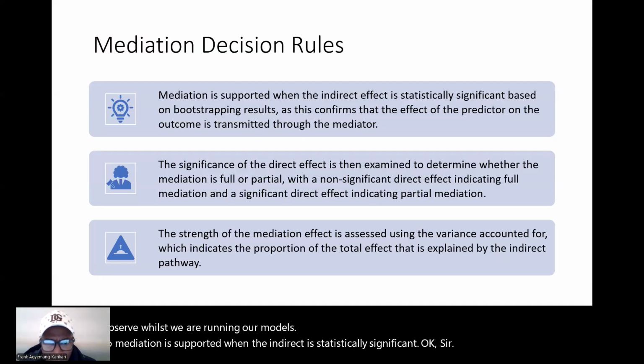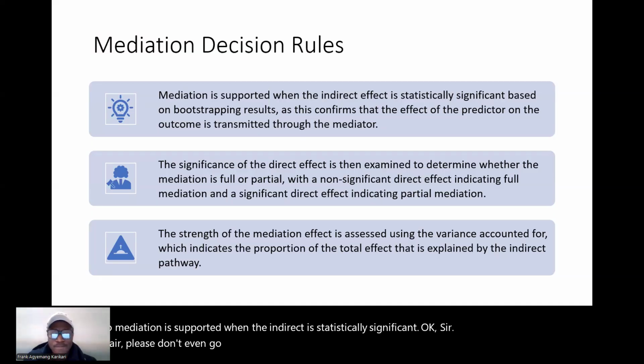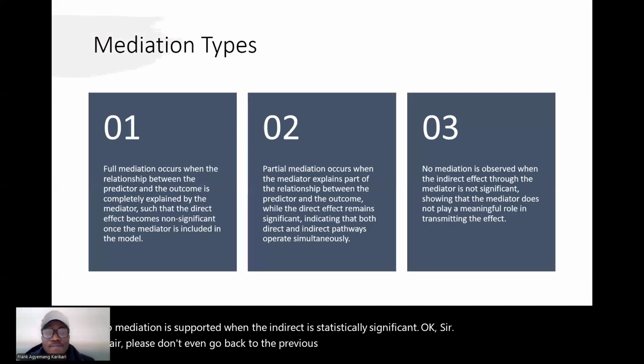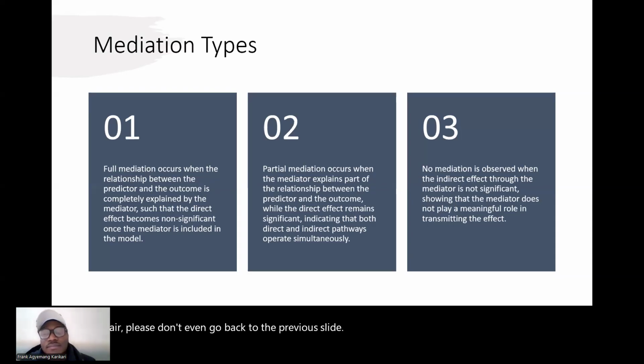Please, I want you to go back to the previous slide. For the full mediation, it's clear to me, but for the two and the three, the partial, still the C will be non-significant, then A may be significant and B may not. And what of the C?